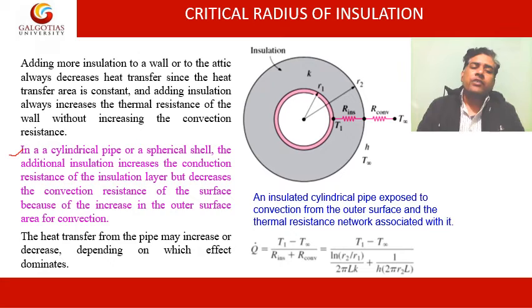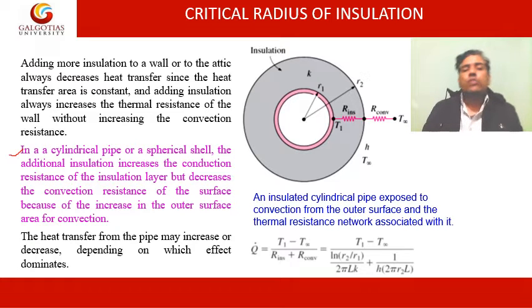But in the case of cylindrical or spherical bodies, this is not the case. Adding insulation may increase or decrease the heat transfer from the body. This happens because the conduction resistance increases but the convection resistance reduces.